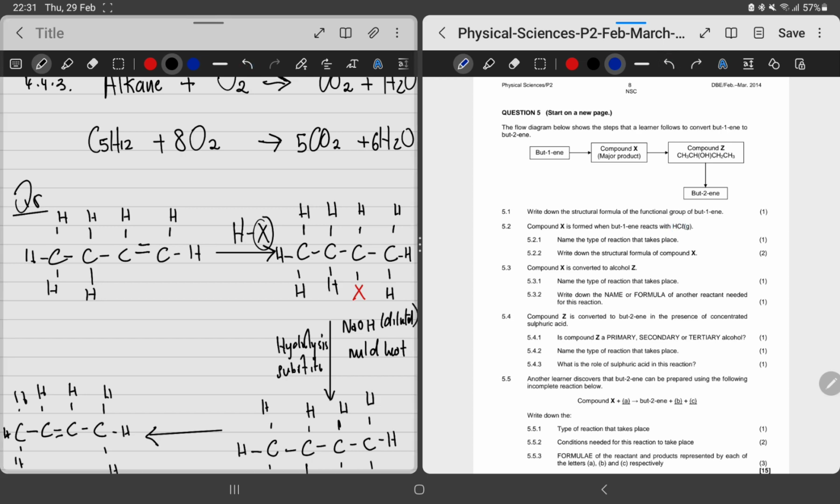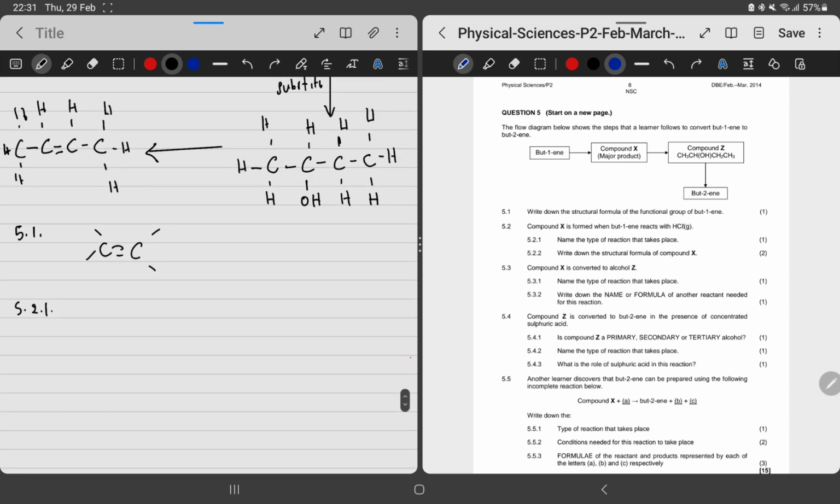Okay. So they say name the type of reaction that takes place. So you are reacting an alkene with a hydrohalogen. So this is a hydrohalogenation reaction. It's hydrogen and halogen, so it's hydrohalogenation.